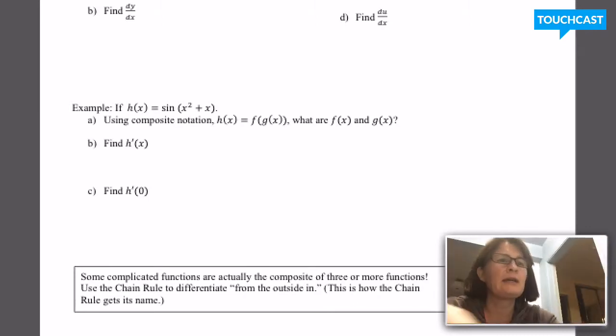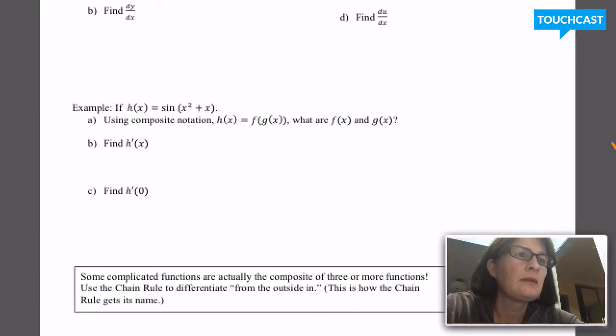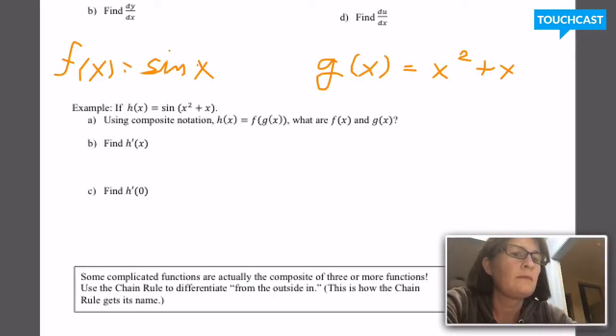So I would say that f of x, the outside function, is sine of x, and the inside function, g of x, is x squared plus x. So if you can identify those two separate functions that are being composed together, then we're going to use the chain rule to take the derivative.